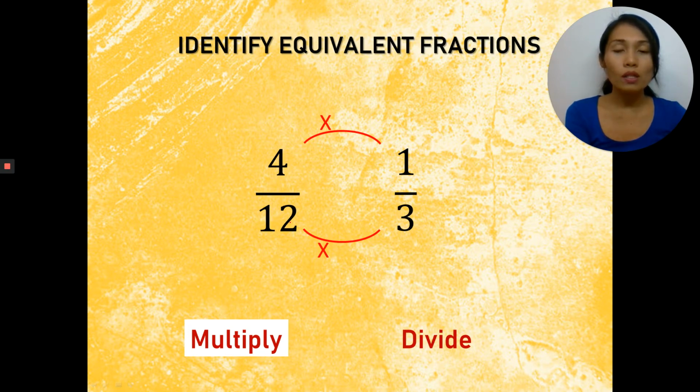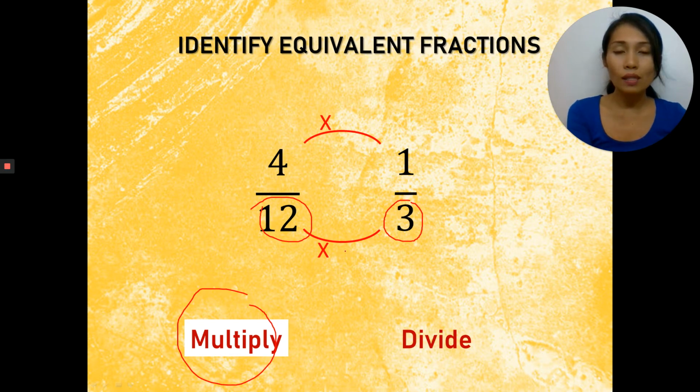So what do you multiply to 3? Of course, you will not multiply to 12 because the other number is smaller. So it should be 12 divided by what? But since I said we will try to multiply, we will start from 3. 3 times what factor to come up with 12?